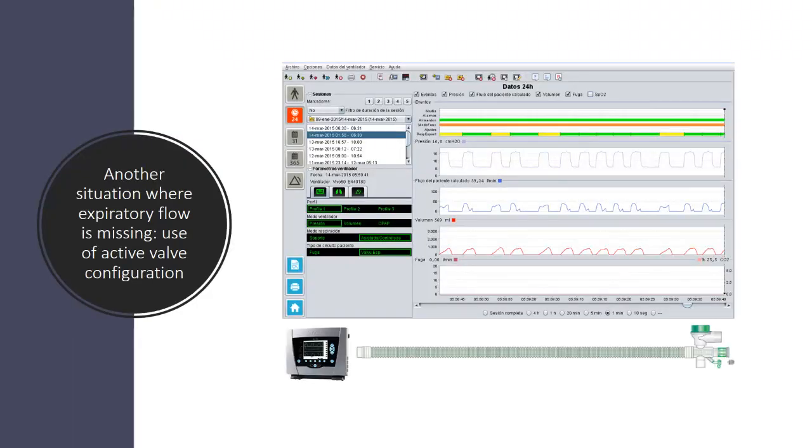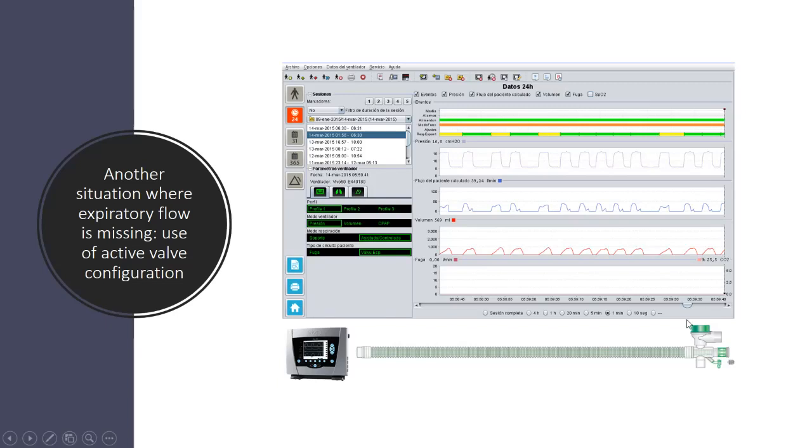But you have to know another situation where expiratory flow is missing. For example, this is an example of the use of an active valve. You know that there are 3 different configurations in non-invasive ventilation: double limb, single limb with leaks, and active valve.